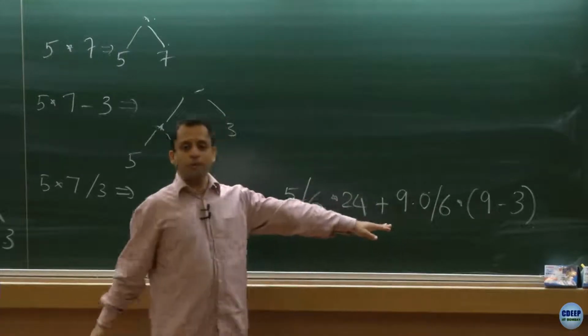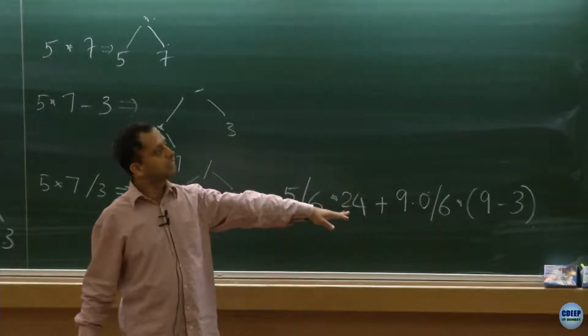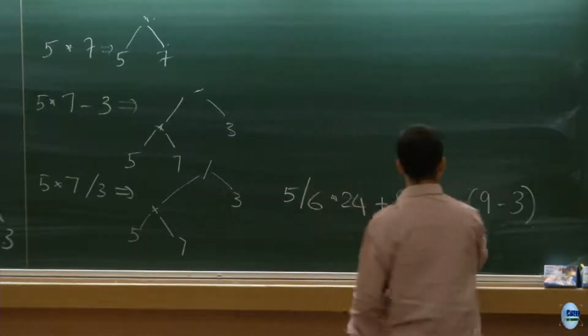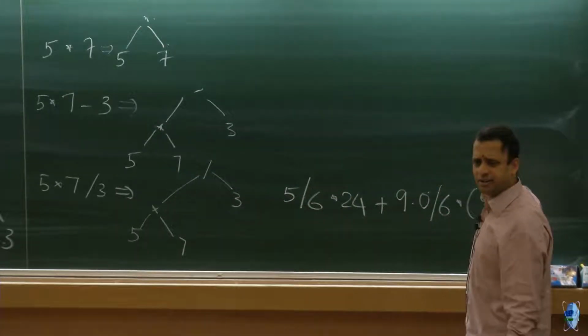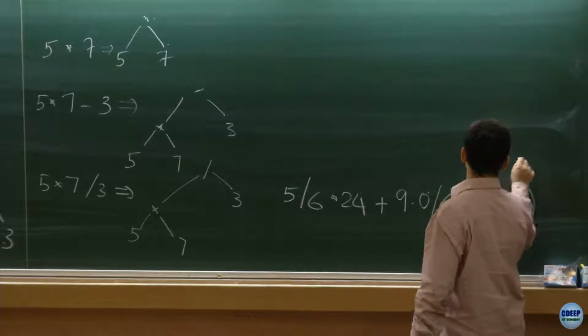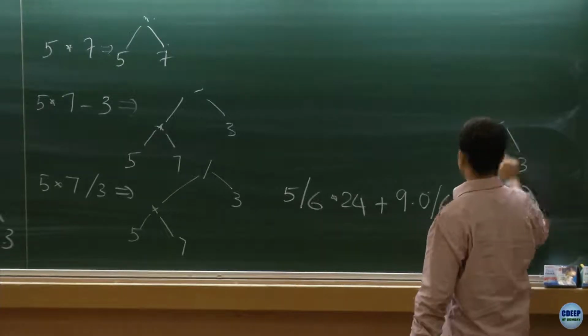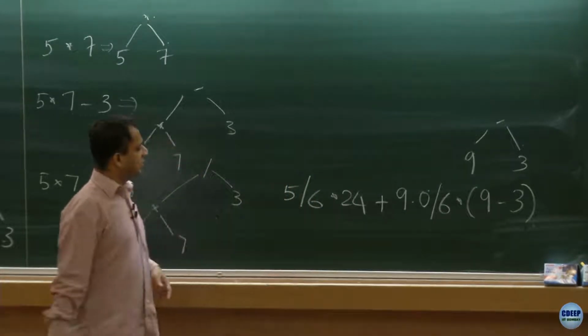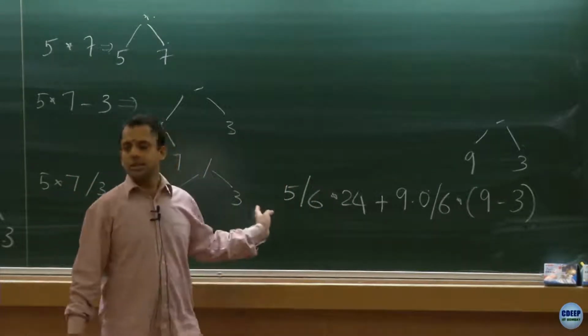So what will you do first? Where will you begin? 9 minus 3, you could begin here. So yeah, parentheses is what you could get started with always. And then what do you do?